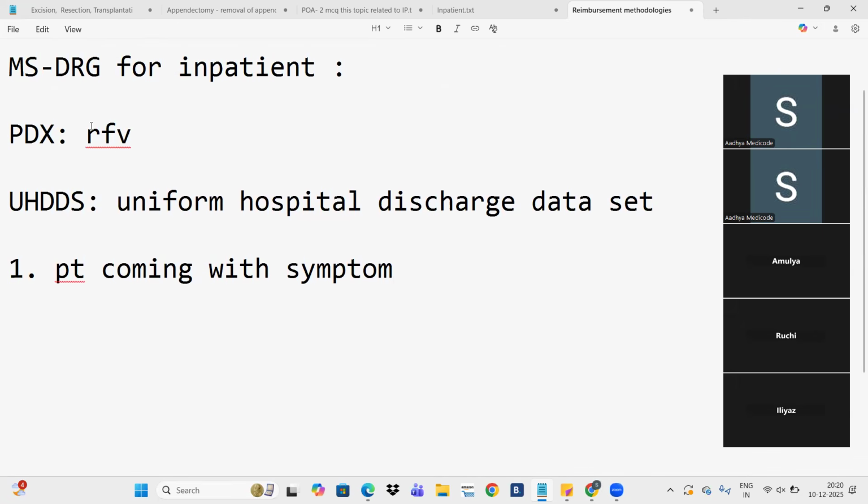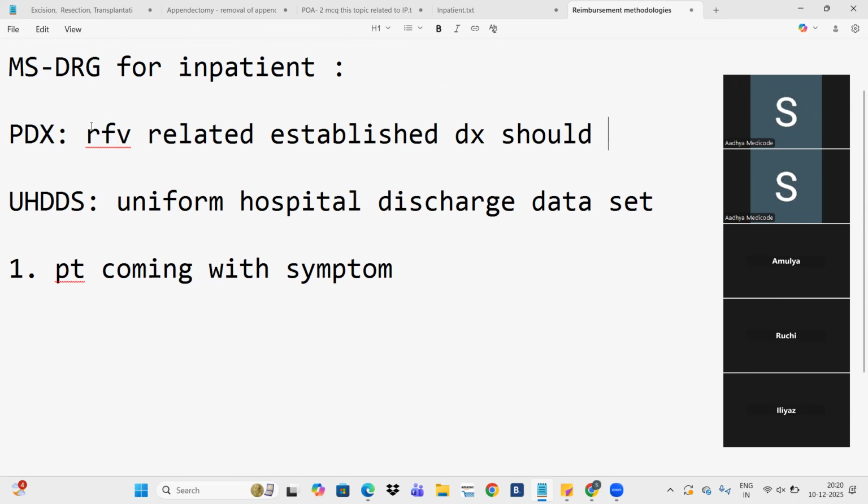The reason for the visit, the related established diagnosis, should be PDX. If the reason for the visit is directly a diagnosis, that diagnosis should be PDX.